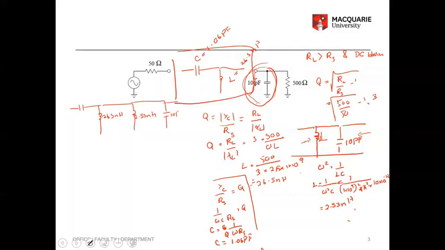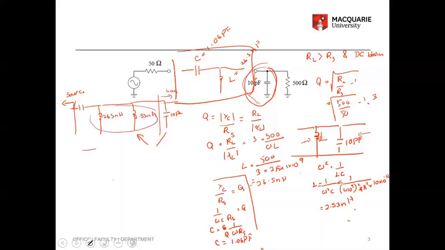So this is the load side, and the capacitor is not part of the source. From here onward, that's the source. So that capacitor and the inductor cancel each other out, but you can't include that as part of the circuit. So you need to combine these two together to form your circuit.